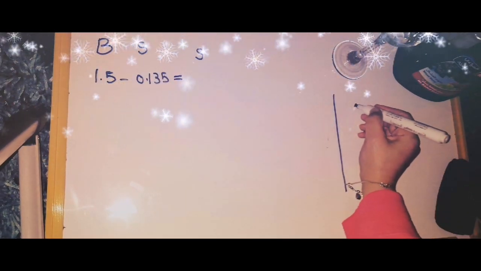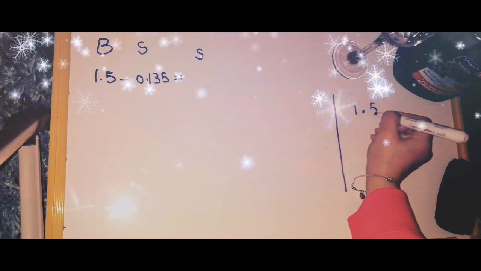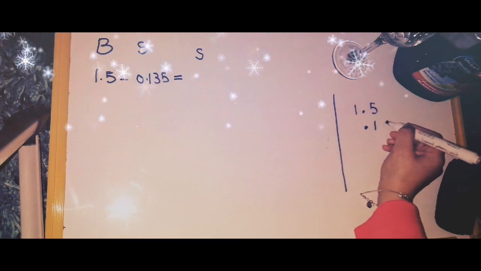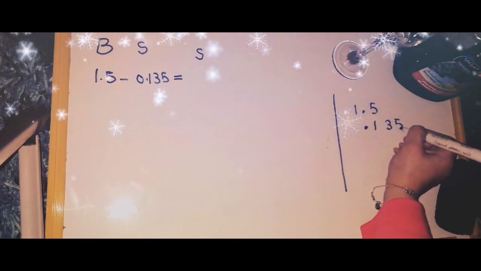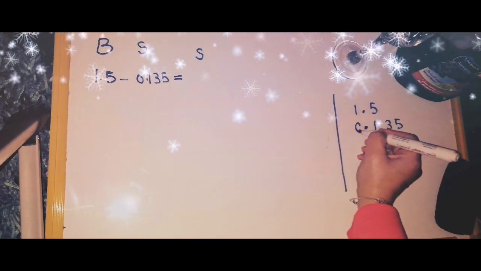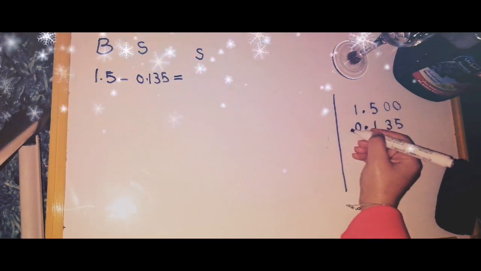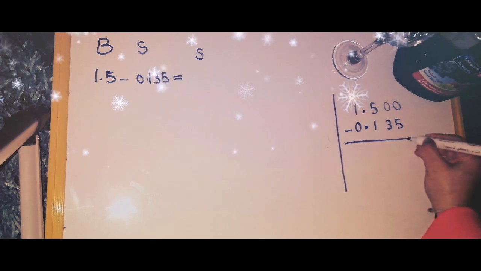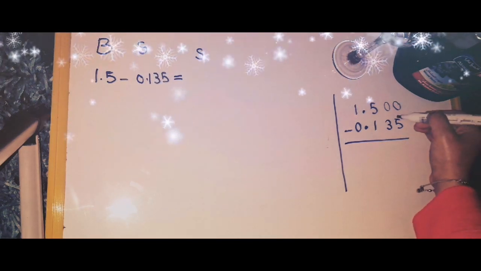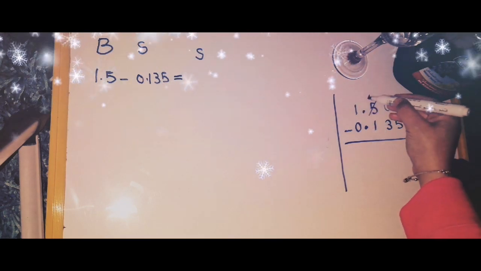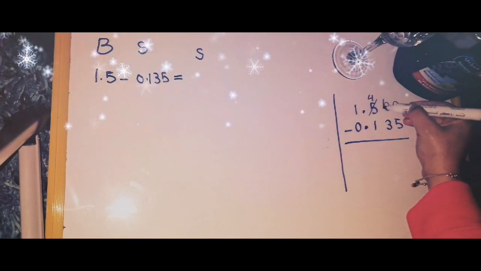So here, 1.5. And then the next one, we put 1, 3, 5, and here 0, and here zeros. And again, put the minus. Then 0, 0. So I'm going to go to the 5. It will be 4, and this will be 10.